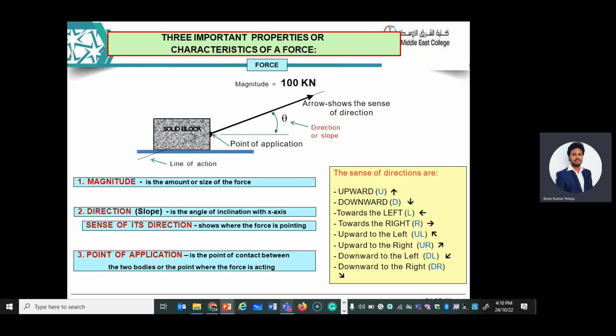And if a force is coming in this direction, then it is upward to the left. And if the force is going in this direction, upward to the right, and downward to the left, downward to the right. Is it clear? So these are the directions.